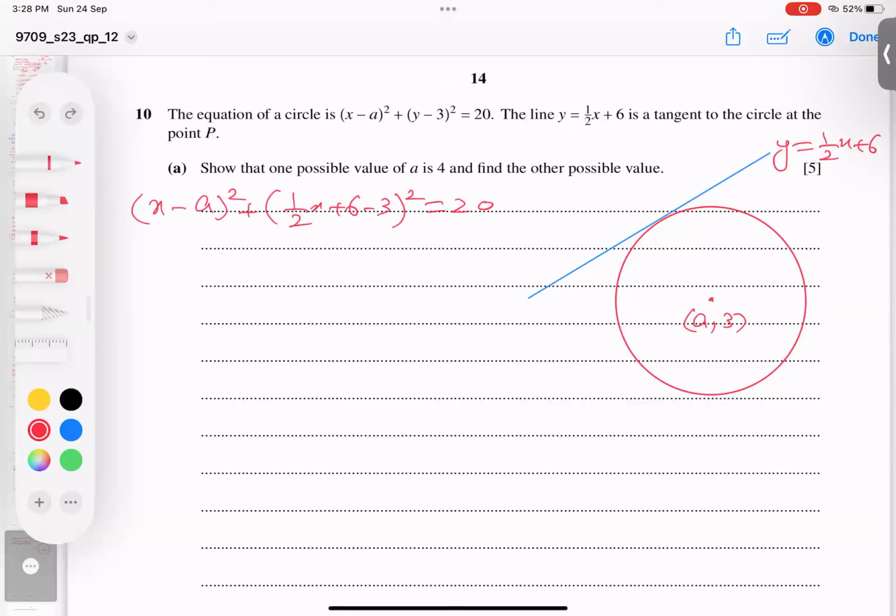So after this, and here half x plus 3. Okay, now I have to expand it. First term squared, you know, the squaring identity: first term squared minus 2 into first term into second term plus second term squared.